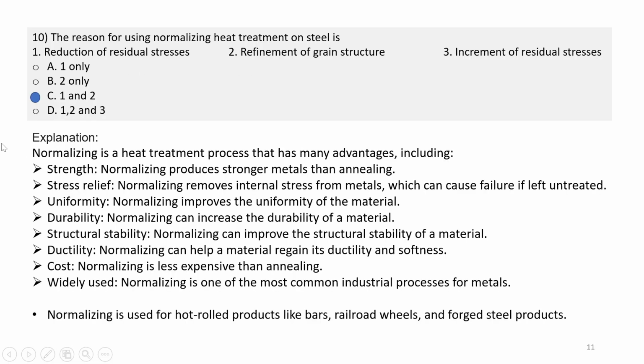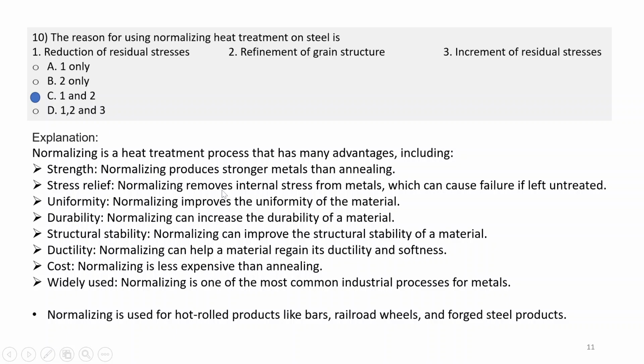So in case of normalizing, it is a heat treatment process which has advantages such as it produces stronger metals compared to annealing, because in this case you are using cooling rates which are higher than annealing. So there will be formation of non-equilibrium phases which have higher strength compared to equilibrium structures.